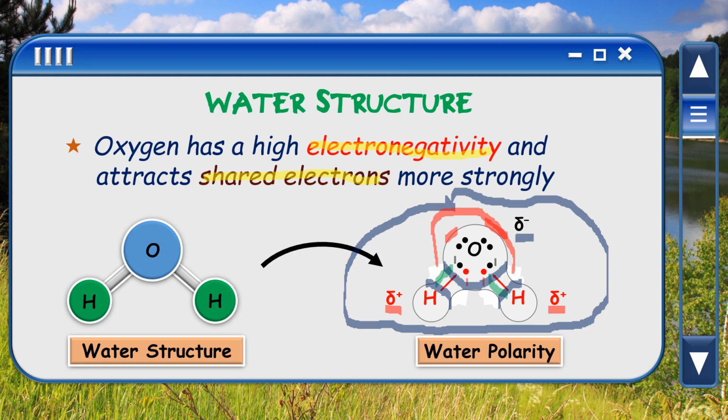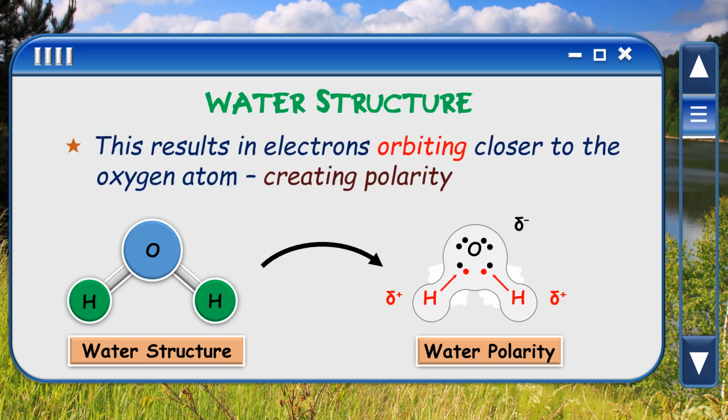This results in electrons orbiting closer to the oxygen atom, creating a polarity. Because of the high electronegativity, most of these electrons spend much of their time near oxygen.